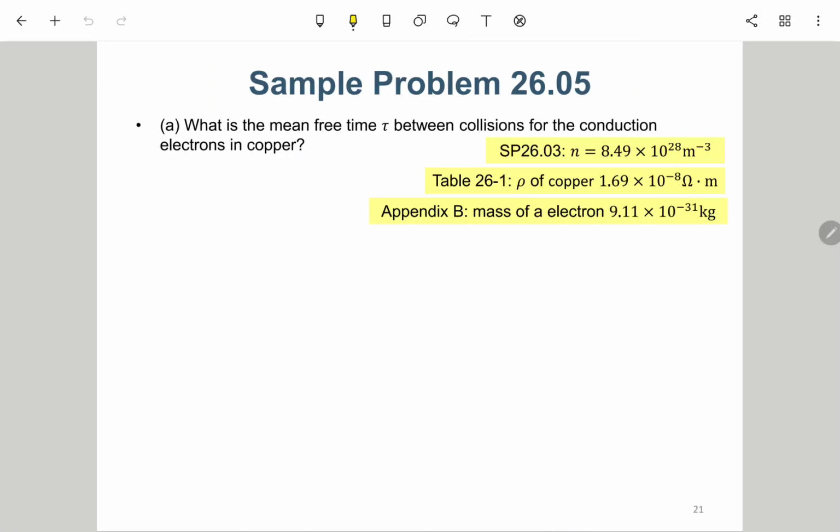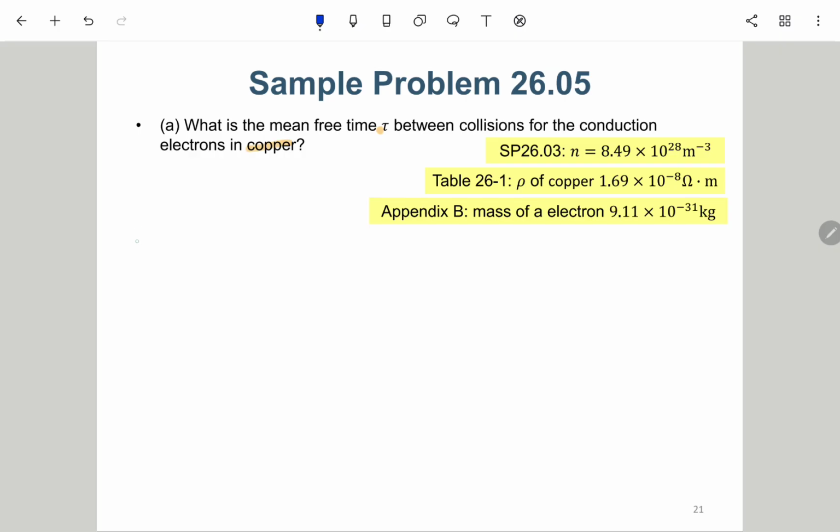Okay, so here we have another sample problem. It says, what is the mean free time tau between collisions for the conduction electron in copper?